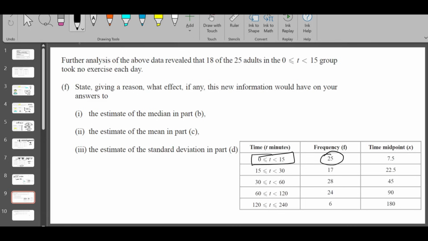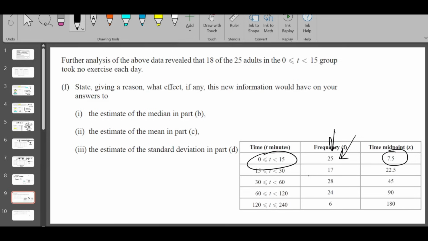Okay, you need to understand this class interval. What do they mean by 0 to 15, 25 of them? We don't know how many of them out of this 25 took how much time, right? But we put them as a group. That means for all 25 of them, the midpoint is 7.5. So we are going to assume that all 25 of them took 7.5 minutes to calculate the mean and so on.